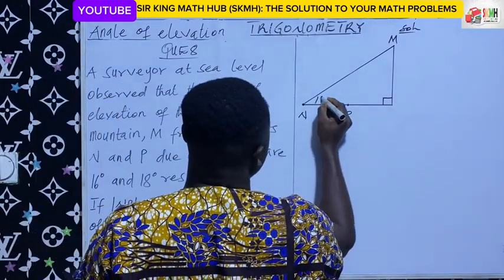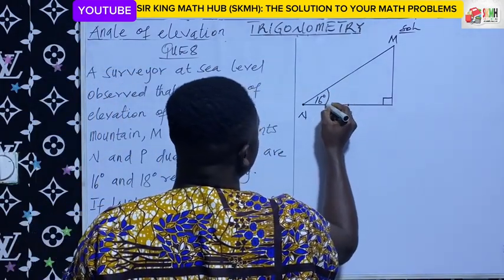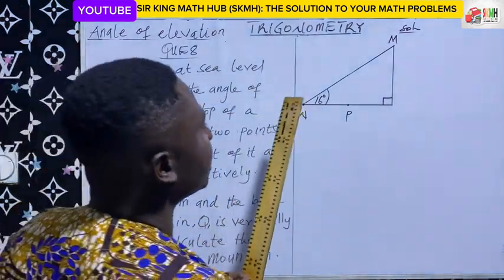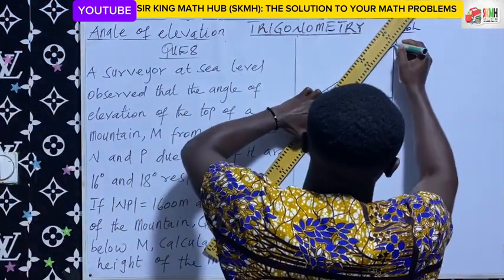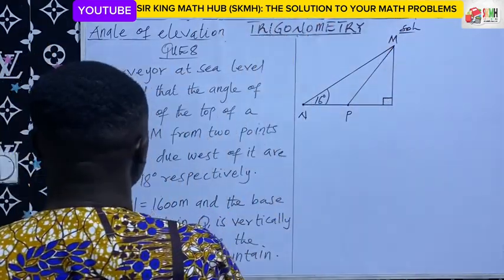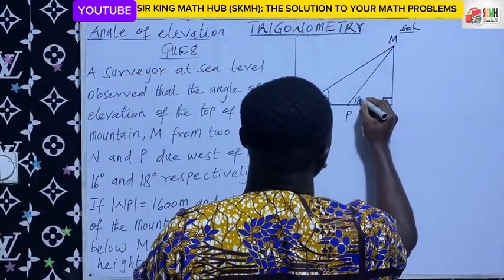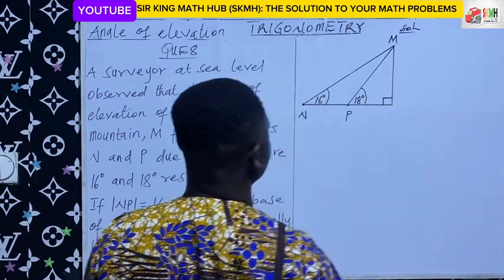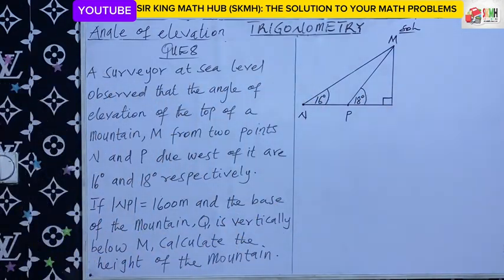It was given as 16 degrees. And then the angle of elevation of the top of the mountain from point P was given as 18 degrees. So that is what we have done.